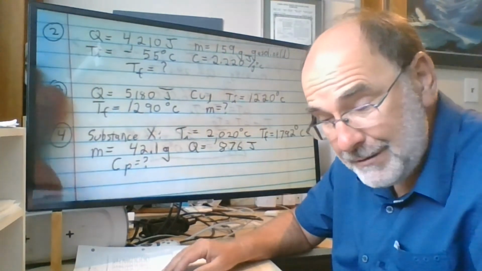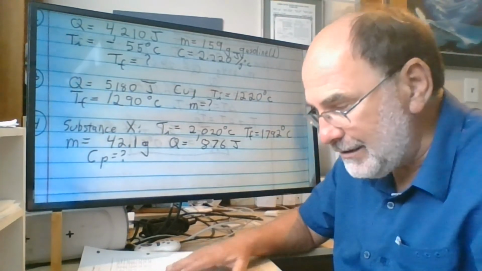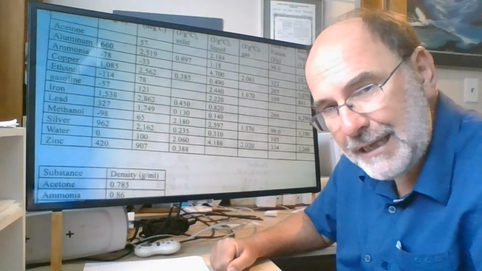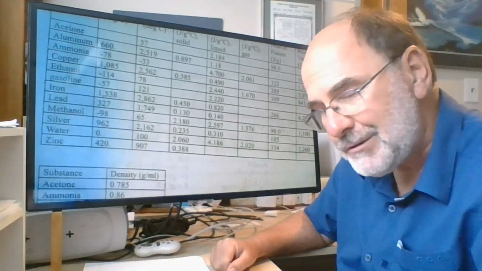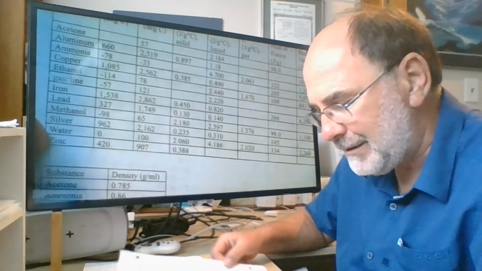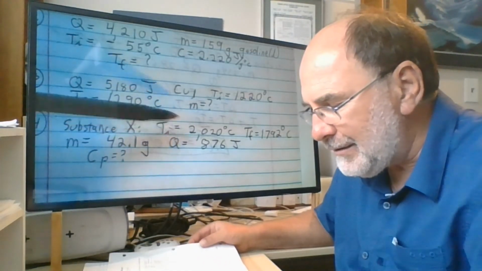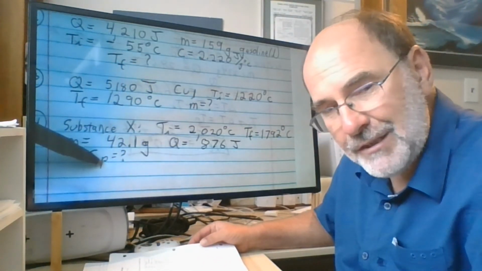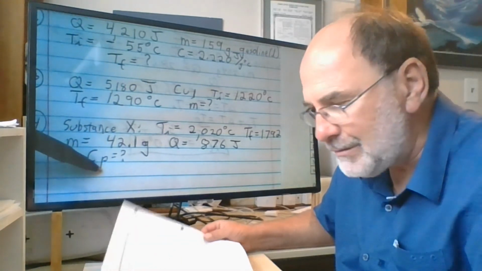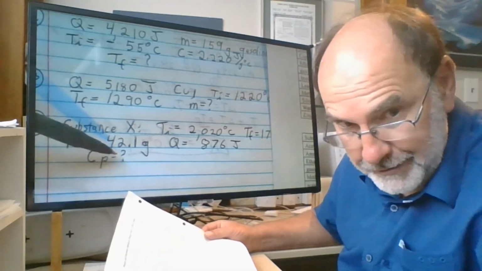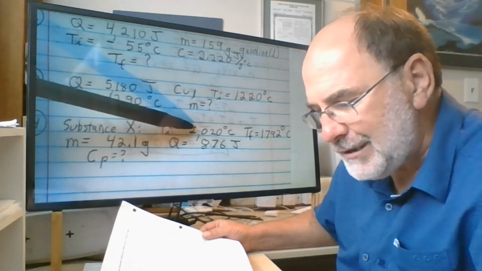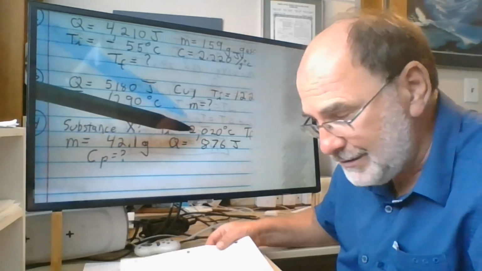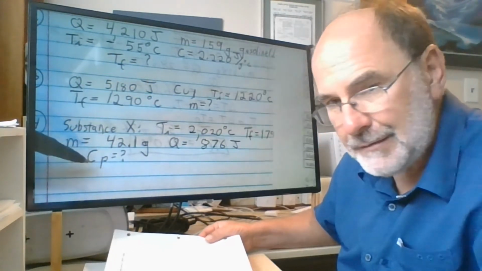And if it happens to be anything close to any of the values on the table, then make an attempt to identify what this mystery substance could possibly be. Keeping in mind that, if the specific heat is close to, let's say, water, but the initial temperature is at 2000 degrees, let me clarify.